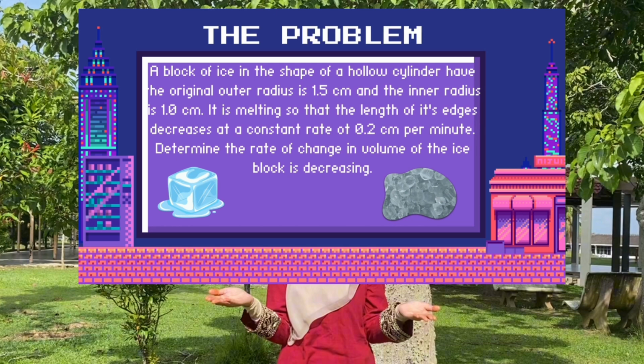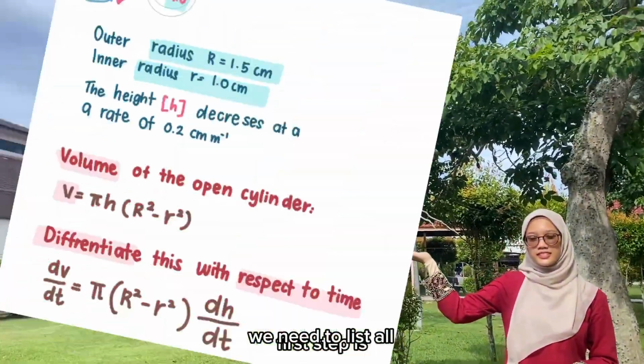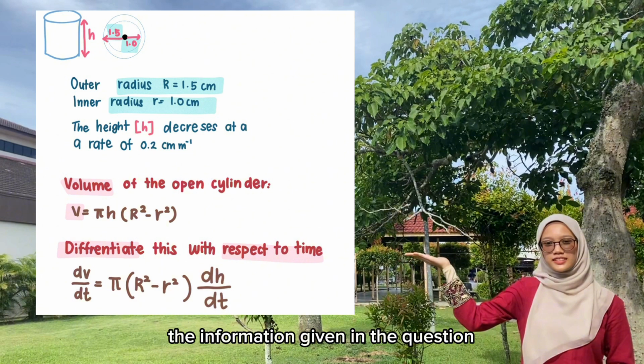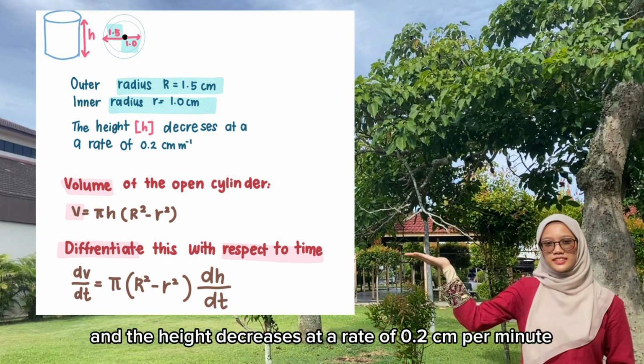Determine the rate at which the volume of the ice block is decreasing. The first step is to list all the information given in the question. The outer radius is 1.5 cm, the inner radius is 1 cm, and the height decreases at a rate of 0.2 cm per minute.